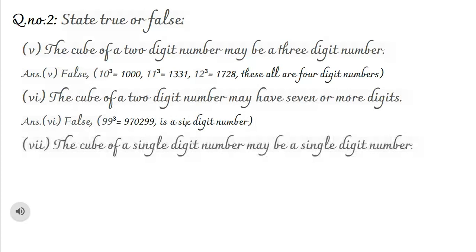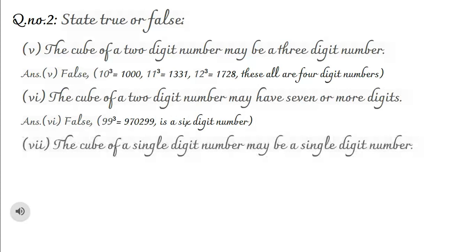Now the seventh statement. The cube of a single digit number may be a single digit number. Is it right? Maybe. It says that it may be a single digit number. It may or may not be, which means it can come as a single digit. So that is why it is right, isn't it?